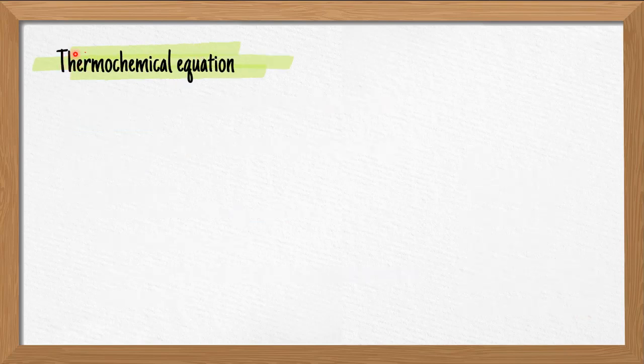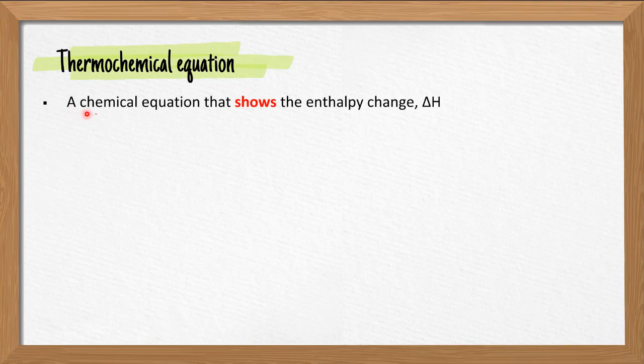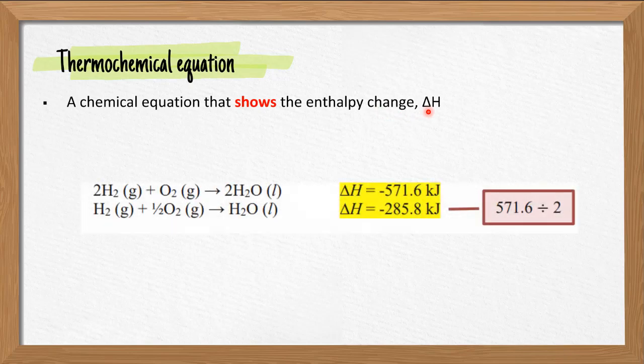Alright, so thermochemical equations are chemical equations that show the enthalpy change, delta H. So for example, here is your chemical equation, and besides your chemical equation, you need to write together with it this enthalpy change.